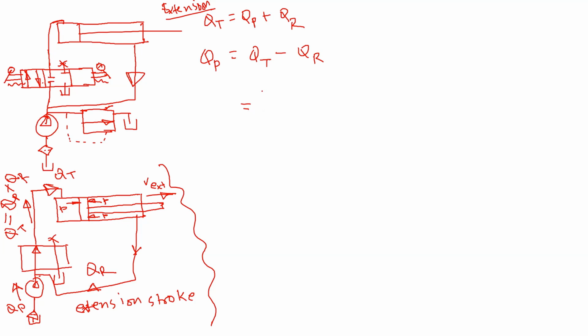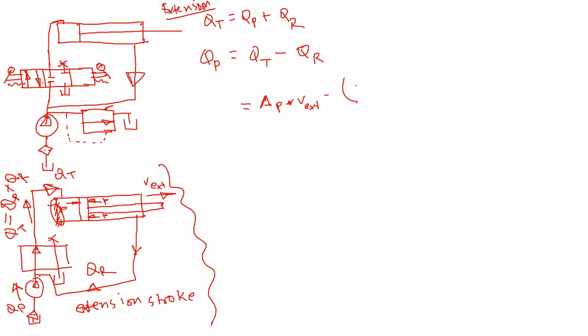So we can write QT is equal to the area of the piston, the area of the blank end, times the velocity of extension, minus the regenerative flow or return flow.